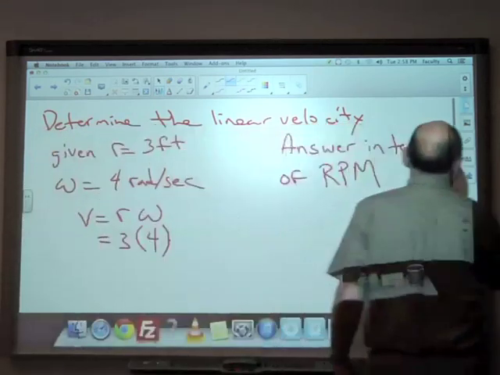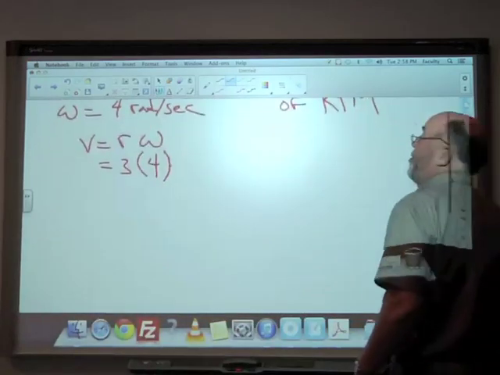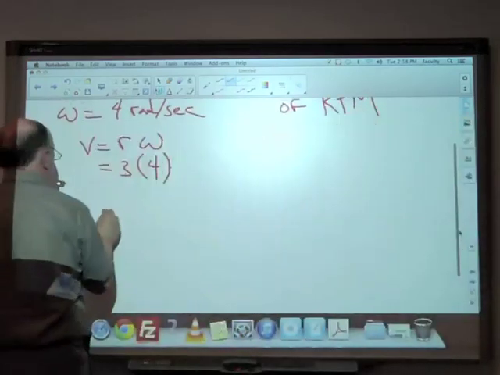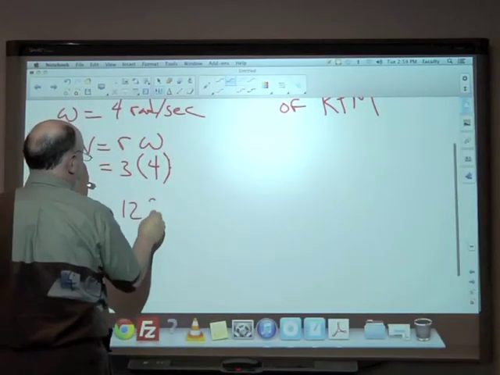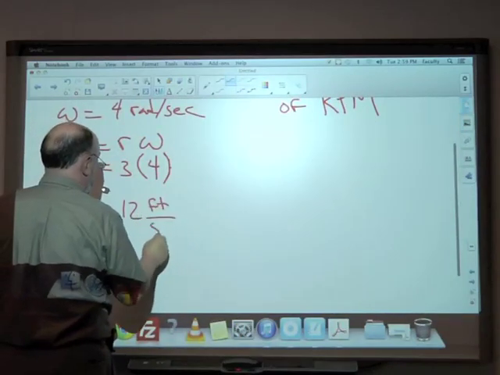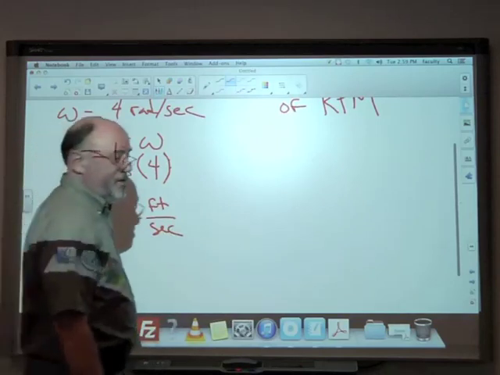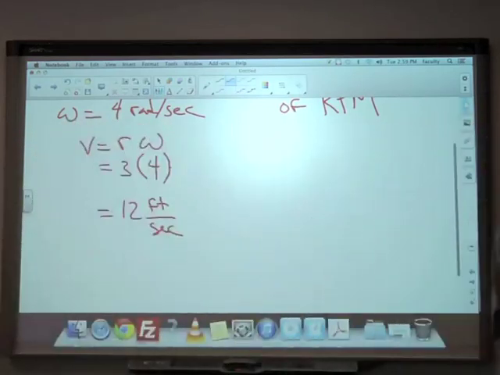So this comes out to be 12, and this will be 12 feet per second in terms of units, because radians is actually a dimensionless quantity. But the answer I want is in terms of revolutions per minute. Well, this is 12 feet per second, so I need to convert.